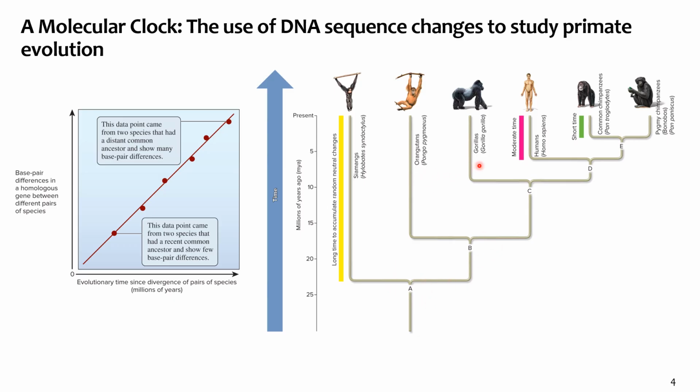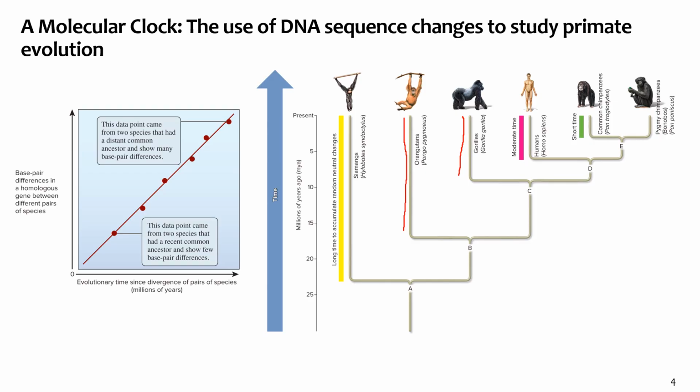There are no bars here for orangutans or gorillas, but we can assume that we would have a shorter bar, a shorter amount of time since divergence between the orangutans and the other groups. Likewise, less accumulation for the gorilla because we believe that they separated much later.